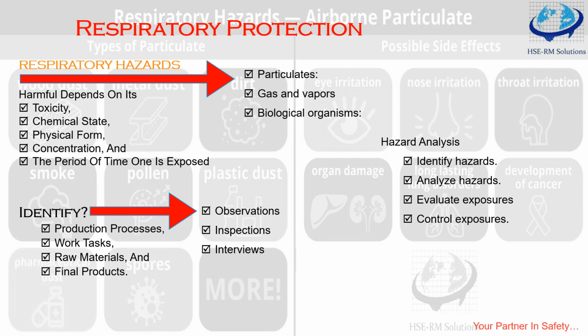Test data from the sample is averaged over a period of time, usually 8 hours, and referred to as time weighted average, TWA. So air contaminants must not exceed the established permissible exposure levels, that is PELs, for 8 hours TWA, that is time weighted average.